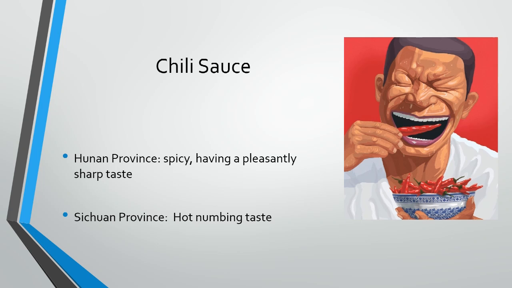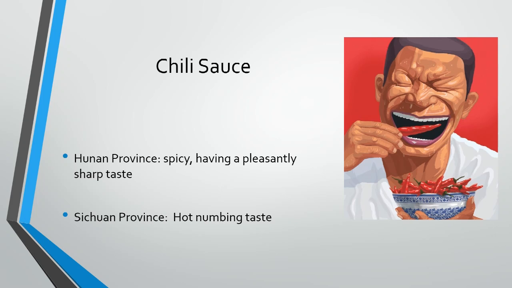I'm not sure if you guys like eating spicy food, but here in China, we have quite a lot of people who are addicted to spice. Chili sauce is a normal product, and you can find it in almost every supermarket in China. But before you buy it, you need to pay attention to where it comes from, because the taste is totally different if it comes from different provinces.